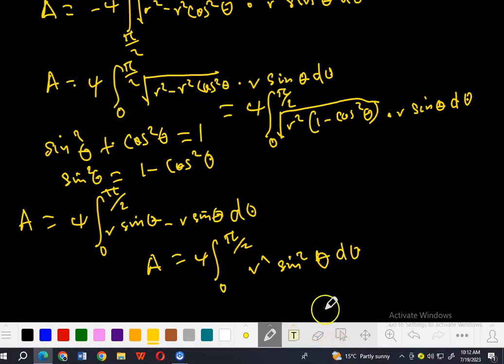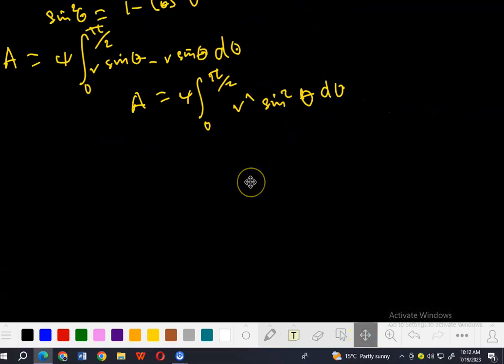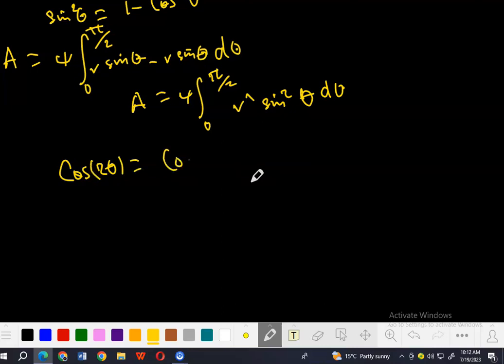Now there is another identity that I want to show you. We know that cosine of 2 theta equals cos squared theta minus sine squared theta.